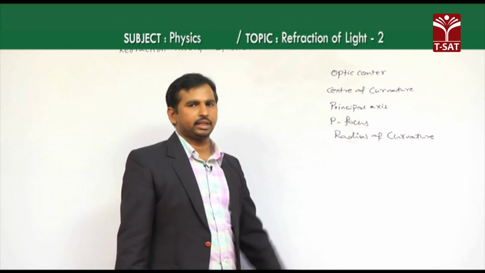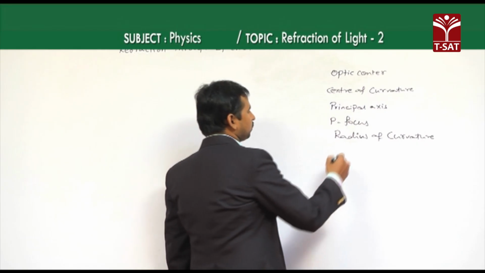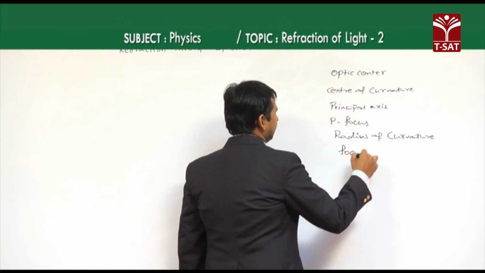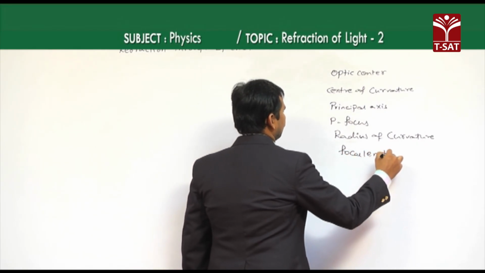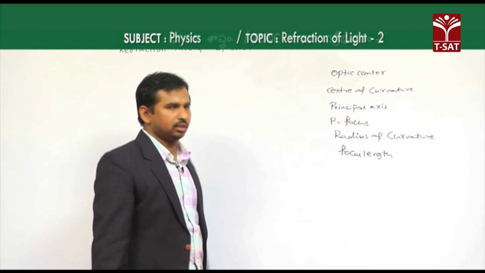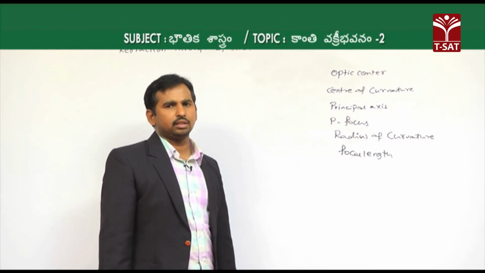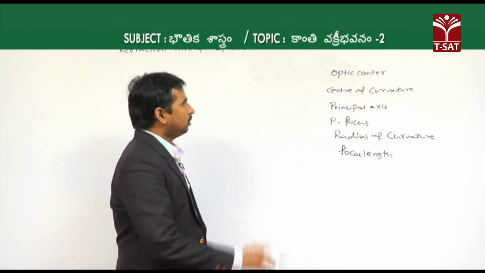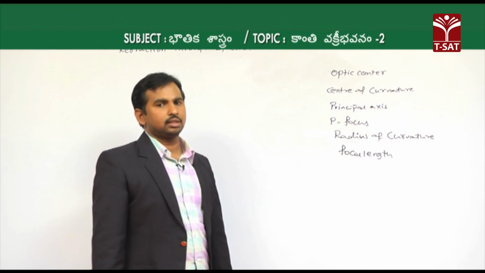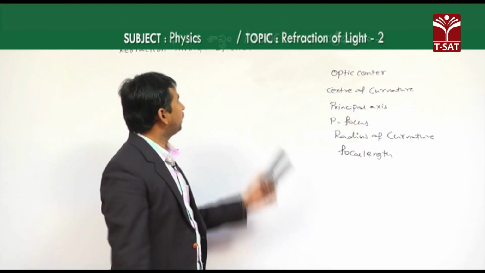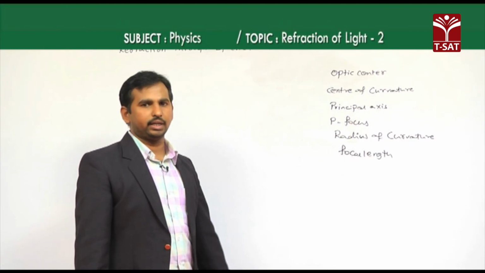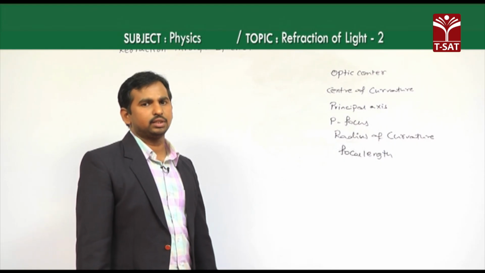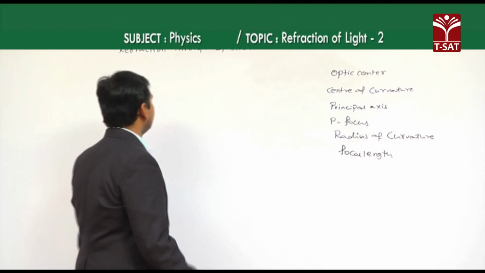And the next one is focal length. Focal length is the distance between the optic center and the principal focus. Now, by taking all these 6 basic definitions, we are going to explain the behavior of the light ray whenever it is incident on any spherical lens.